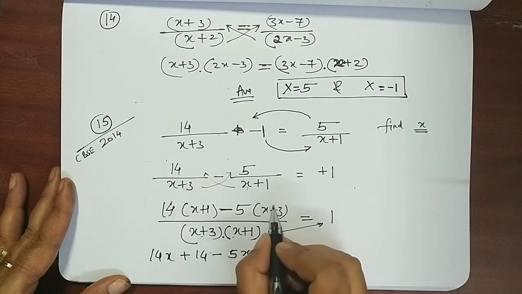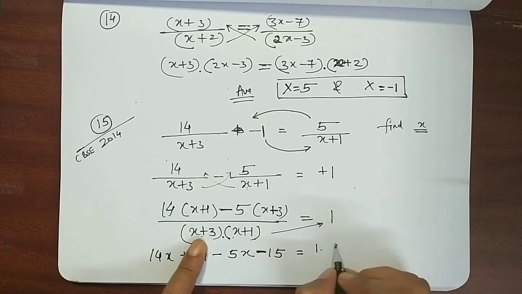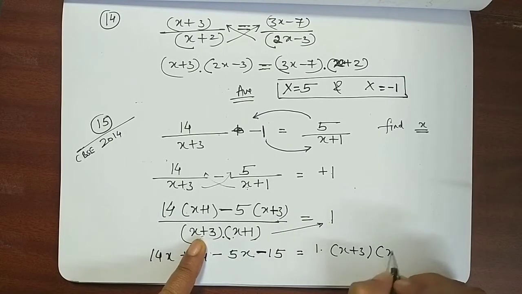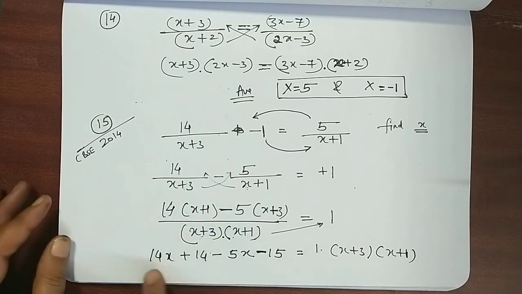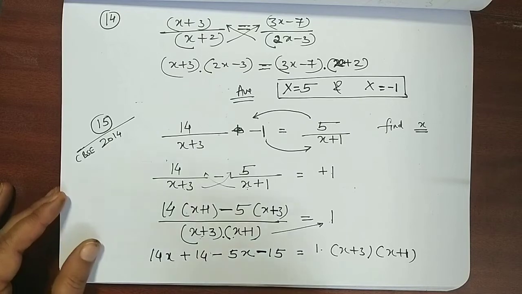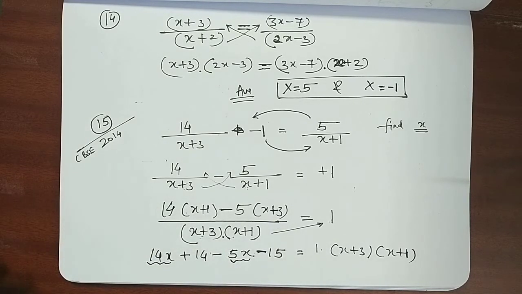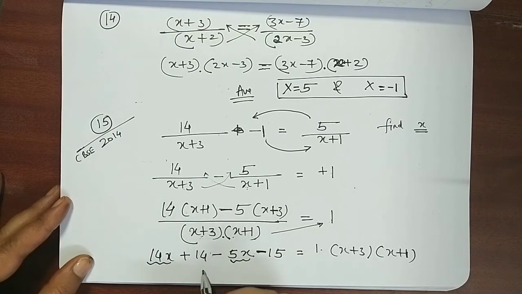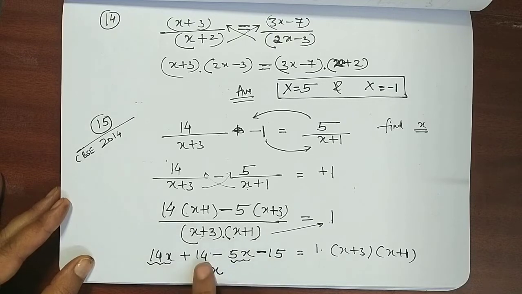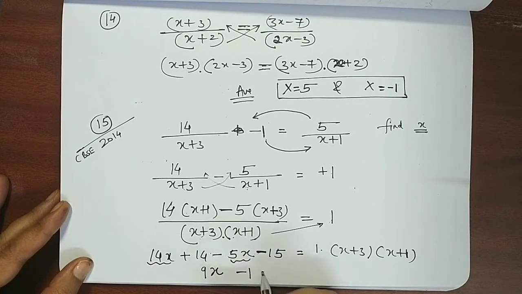This was minus, remember, and the right side is 1 into (x+3)(x+1). Now let me simplify a little bit here itself. 14 minus 5 is 9x, and 14 minus 15 is minus 1.